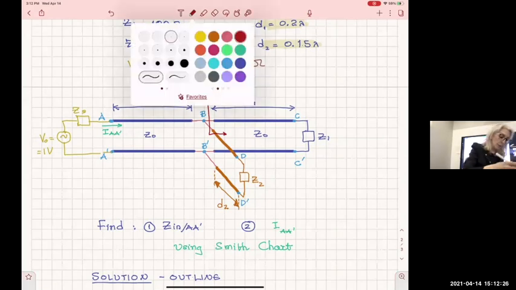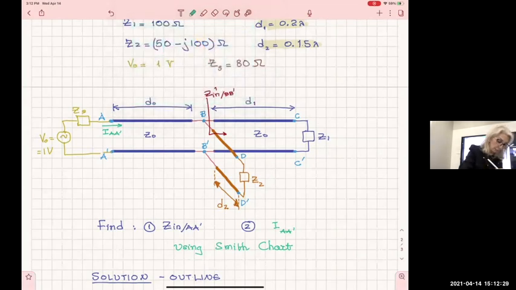Then what is number two? I'm sitting at BB prime, I'm gonna try to find the impedance I'm seeing this way. And that is the Z in 2 at BB prime. So it's the impedance, I make the arrows a little longer so you see which direction I'm seeing, all right? So the green one is I'm looking towards Z2. So I have to find that one.